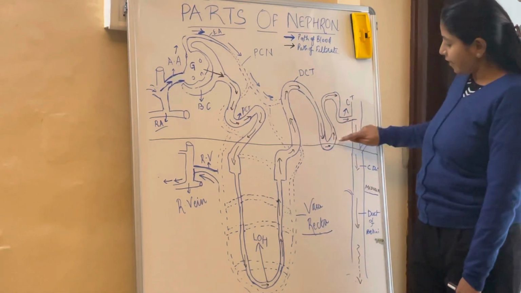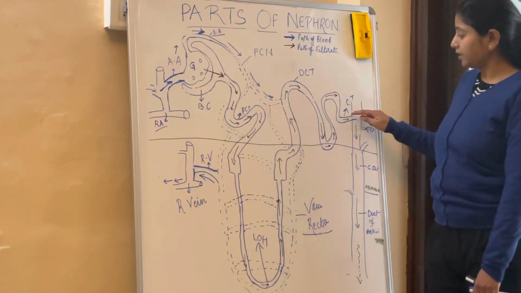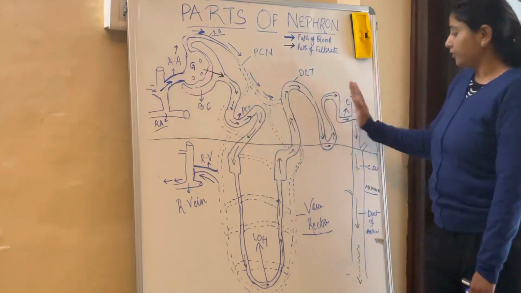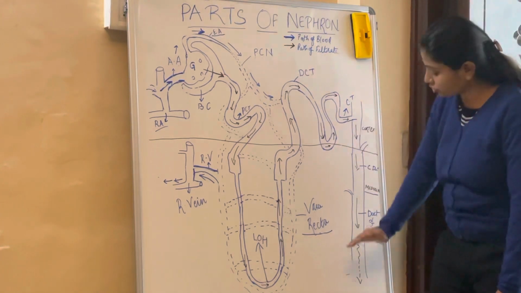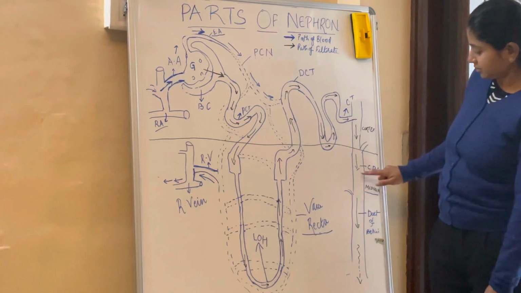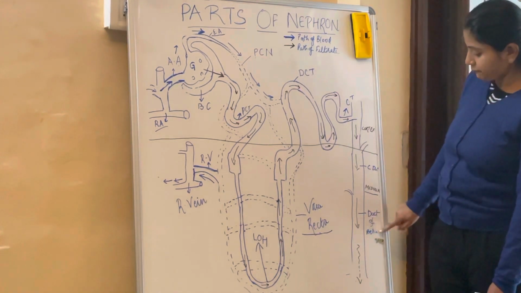Now we have this structure that is called the collecting tubule, right? All these parts are in the cortex region, right? And in the medullary region we have the collecting duct. This final duct is the collecting duct and the duct of Bellini.